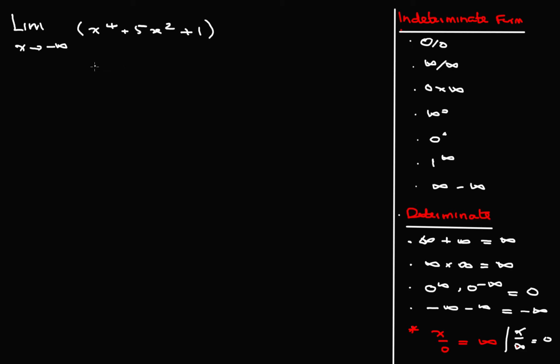What about here? What happens? We check quickly. So we put negative infinity here, but if it's negative and you give it an even power, we know that that will give us a positive. So this is positive infinity, and this is positive infinity, and then that is 1.